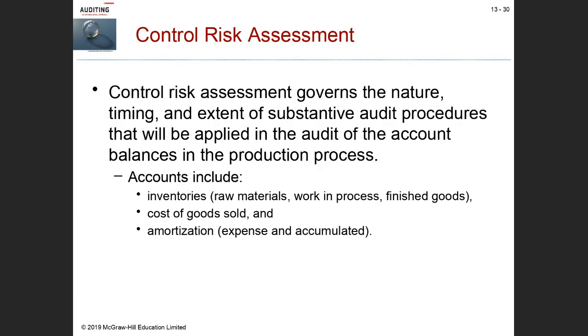Why do we do that? We do internal control assessment because we have to determine the effect of the internal control risk on the nature, timing, and the extent of the substantive audit procedures. Why? Because again, think back to before the midterm, we talked about the audit risk model.